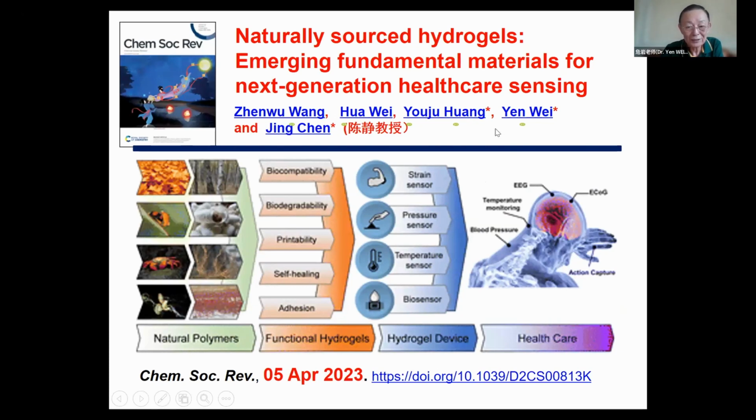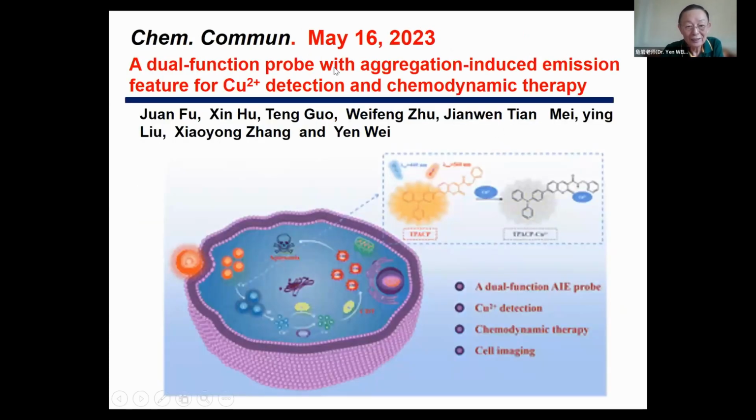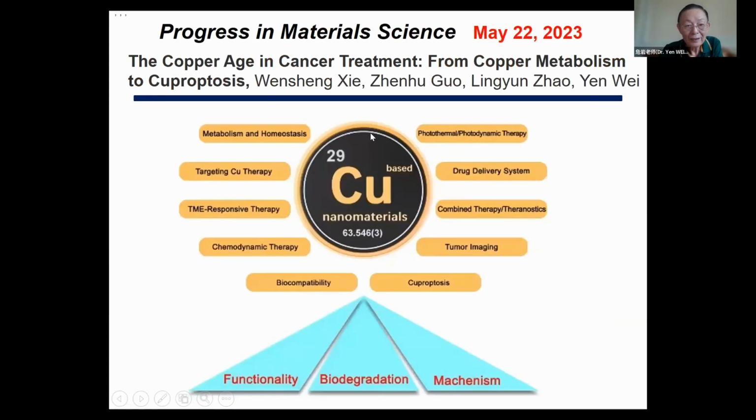It's a natural hydrogel material, coupled as the anti-tumor agent for detection and chemotherapy, photodynamic therapy. All right. And the same thing, that's a long article by my student, Xie Wensheng, now a professor at the Beijing Institute of Chemical Technology. It also talks about coupling.